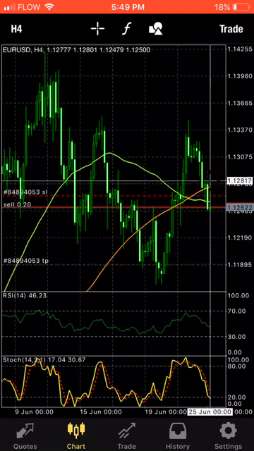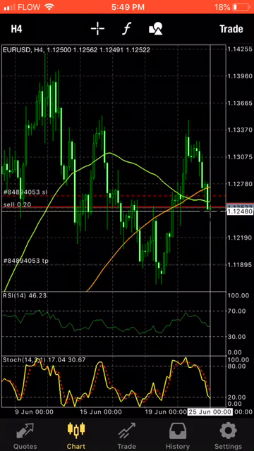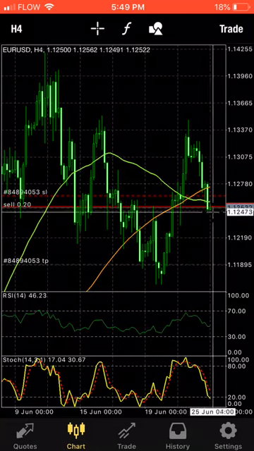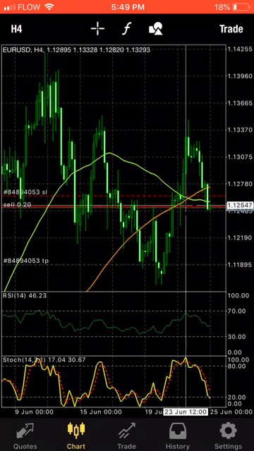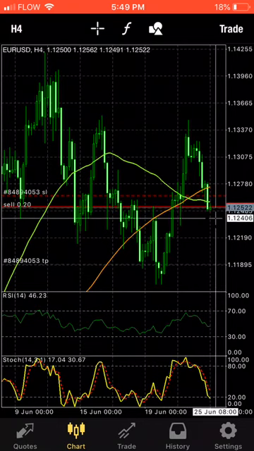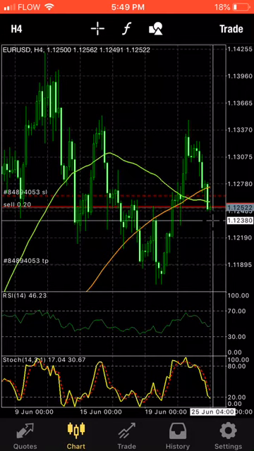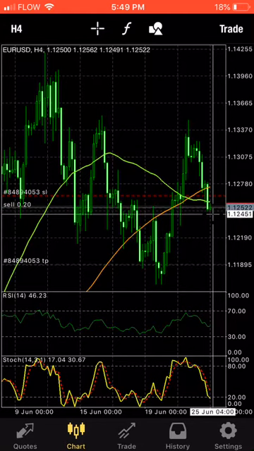The bigger your account gets, the more you can obviously afford to risk. So I hope that makes sense. Just go ahead and do that and observe how much you made or lost, and look at the digit movements. How much did it move? It moved from 1.12521 to 1.12477.